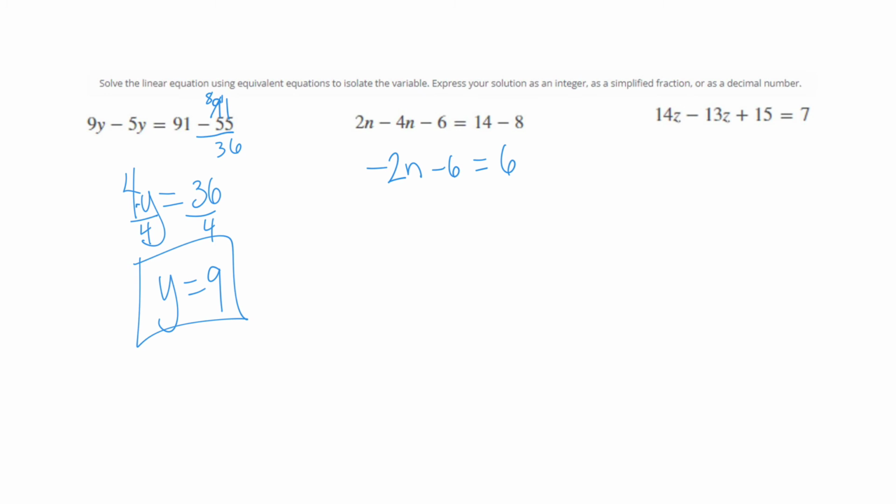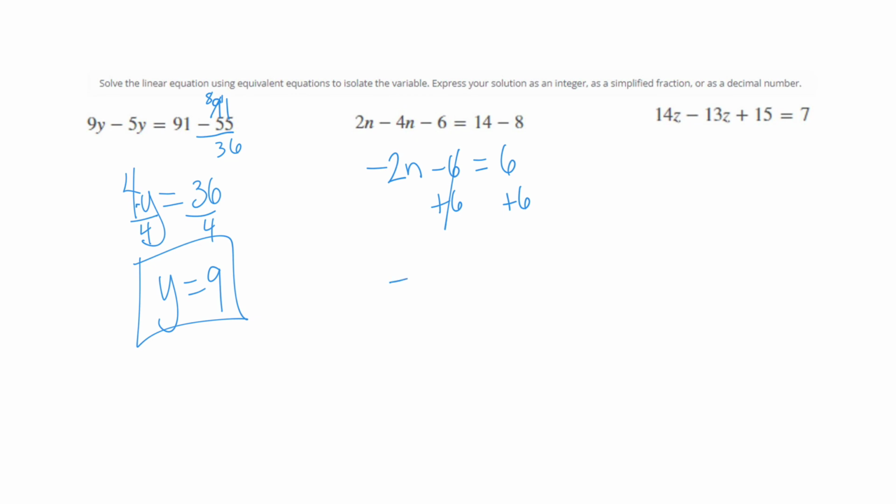All right, now I have what we call a two-step equation, because with the n that I'm trying to isolate, I have this subtraction piece and I have this multiplication piece. So remember, we're going to get rid of this minus 6 first by doing the opposite. I'm going to add 6. A negative 6 and a positive 6 cancel. It's kind of like my black chips and red chips. They cancel. If I add 6 on the left side of the equal sign, I have to add 6 on the right side.